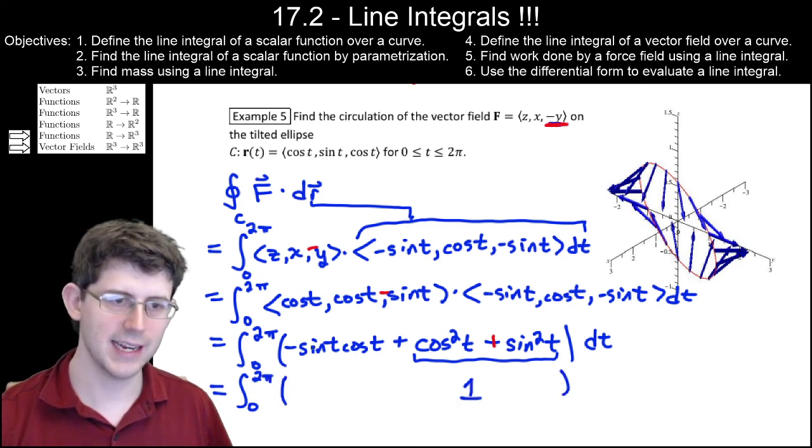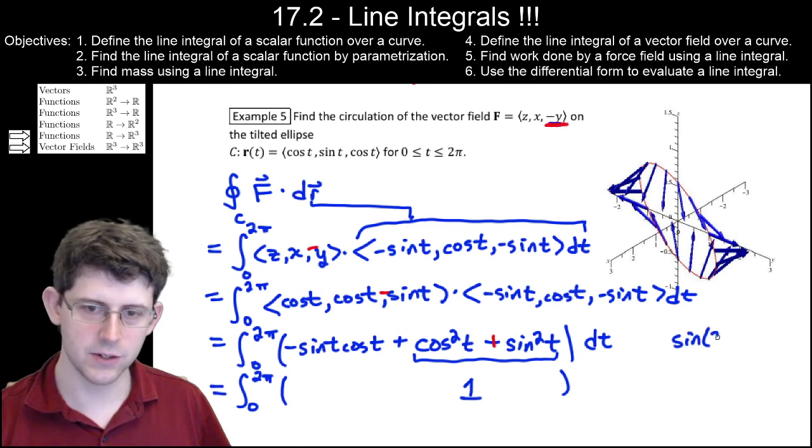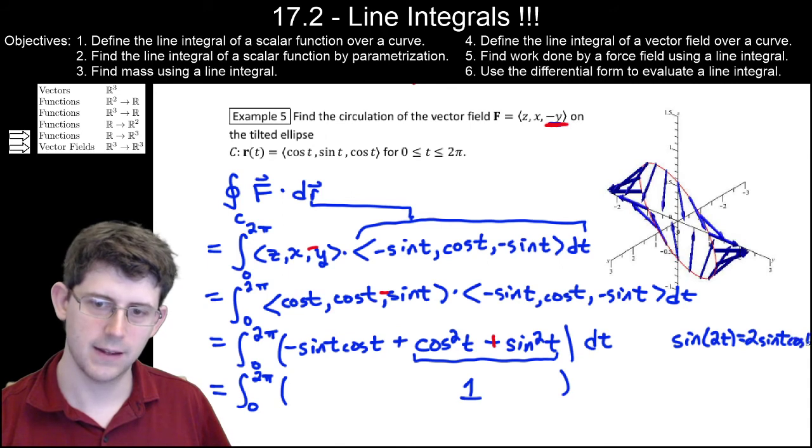I'll use one more trig identity, which is that sine 2t is 2 sine t cosine t. So sine t cosine t is half sine 2t.